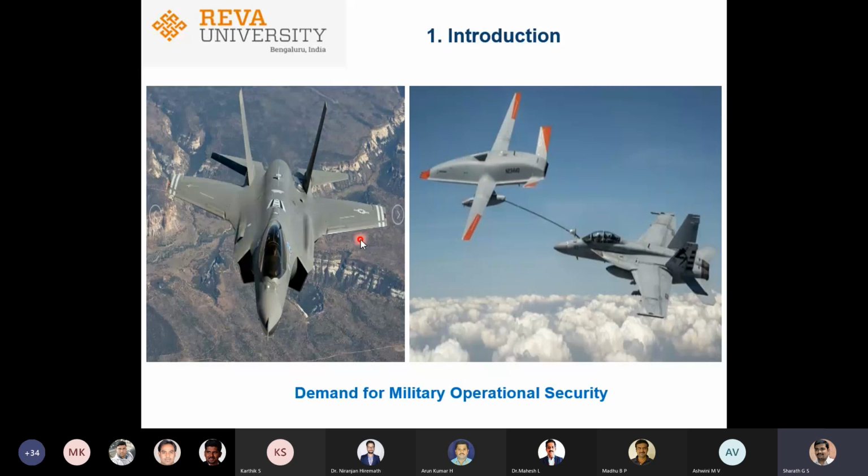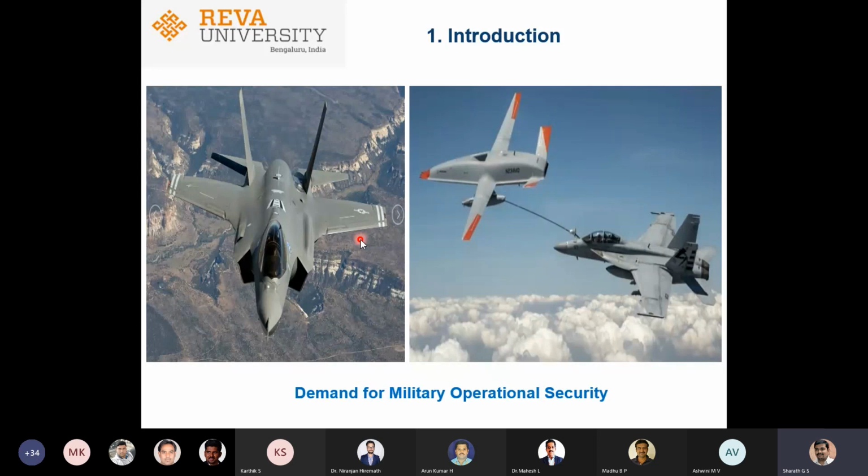This has led to an increase in the military operational capability of every country. Therefore, most of the countries have a high number of aircrafts, aircraft carriers, choppers, and all that. So what it tells is that there's a lot of demand for both civil aviation and military aviation.